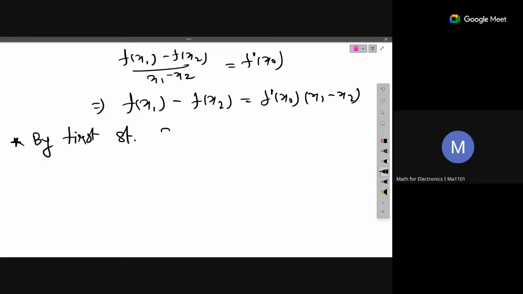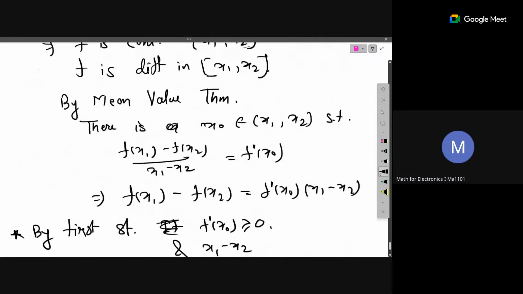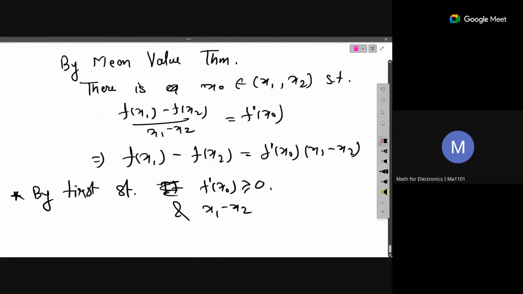what does it say? It says that if f dash at x naught is greater than or equal to 0. So since f dash at x naught is greater than or equal to 0, and x1 minus x2, then obviously, I think I have missed here, this is x2 minus x1, because b minus a we have to take, right?